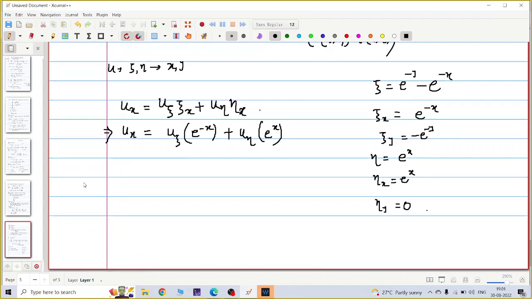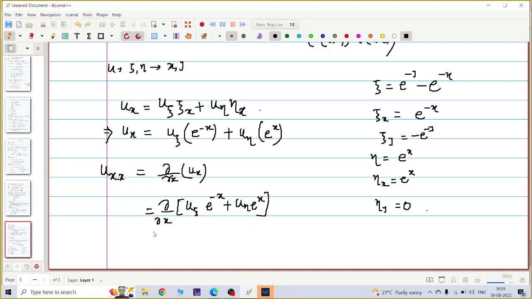So u_xx is del x of u_x, where u_x is u_xi into e power minus x plus u_eta into e power x. I just replaced u_x by this.